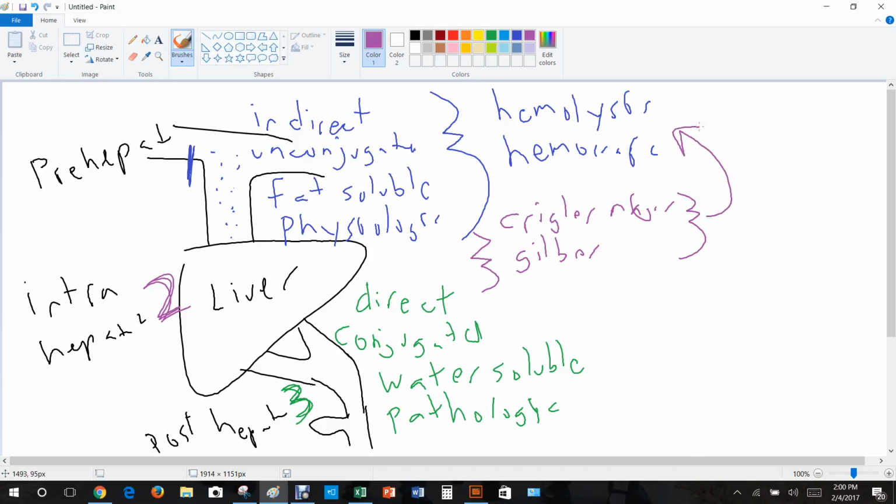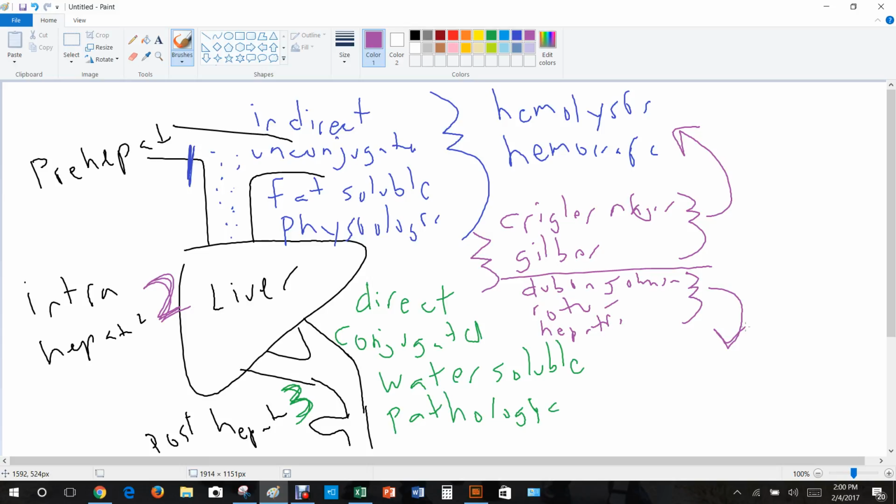But there are also some other mixed or intrahepatic ones, for example Dubin-Johnson syndrome, and also Rotor, and maybe even hepatitis. Those are the direct, conjugated, water-soluble, pathologic category.